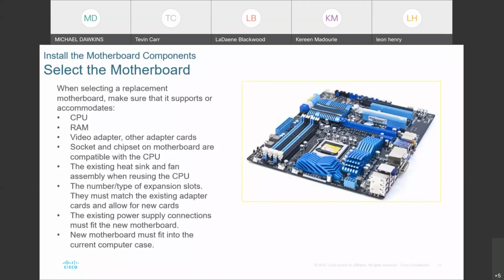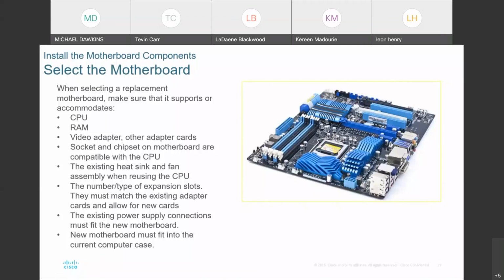So it could be that the older power supply that was there does not have enough power to carry through this CPU and motherboard and the additional components. So you have to buy a different power supply.